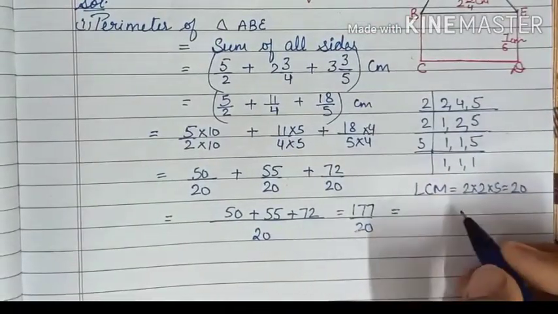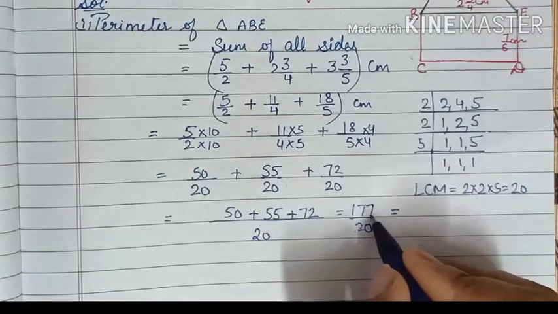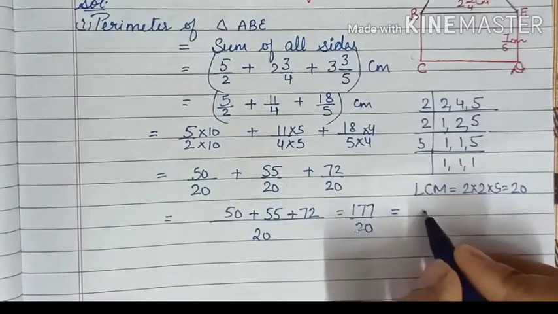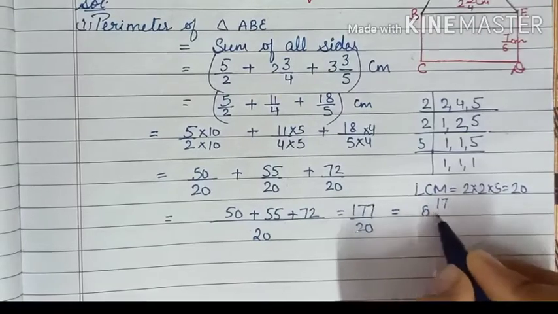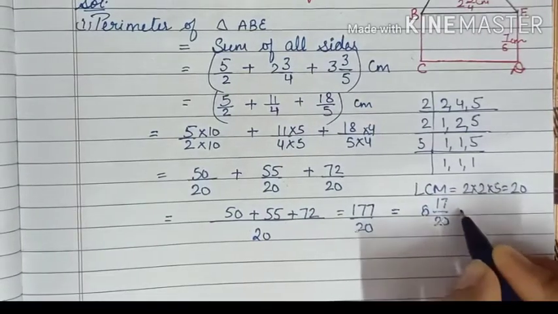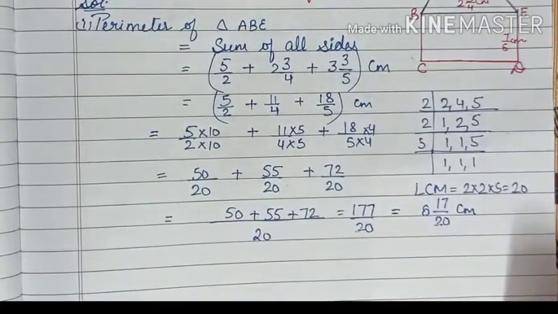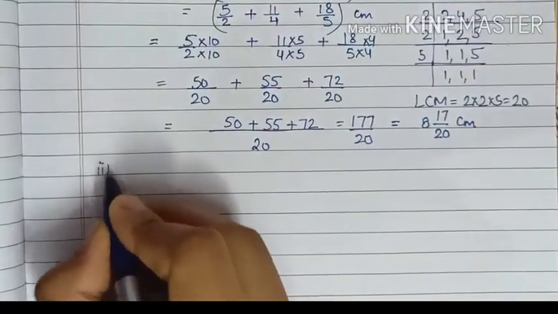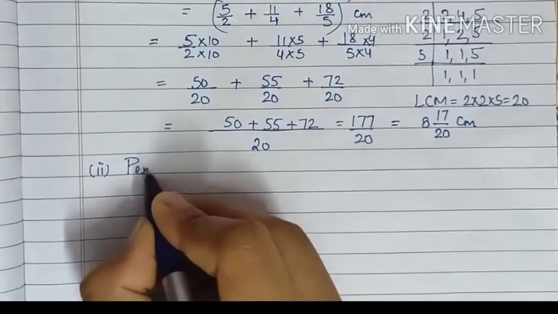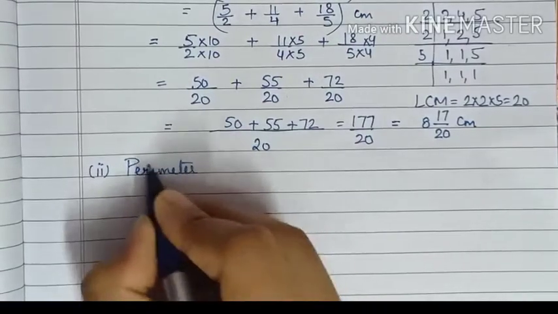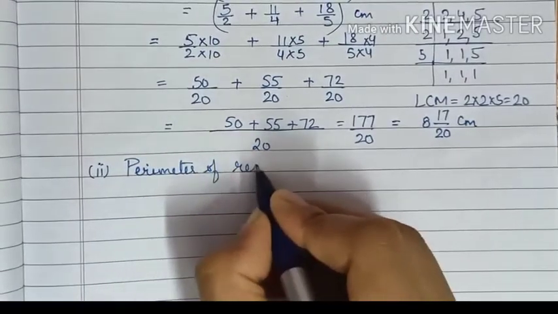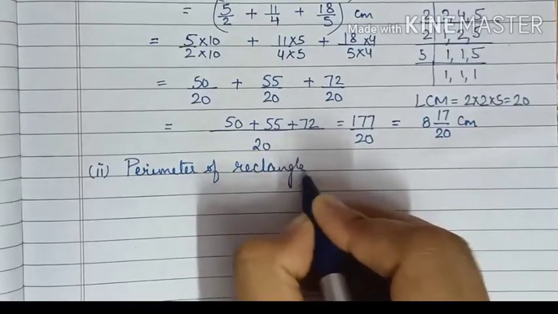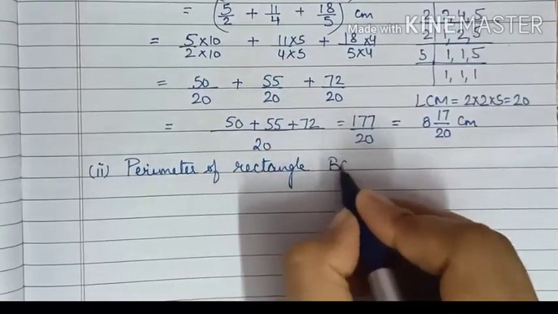Now we will convert it into a mixed fraction. For that we will divide 177 by 20. It will be equal to 8 and 17 upon 20 centimeter. Okay, now we will find the perimeter of rectangle BCDE.